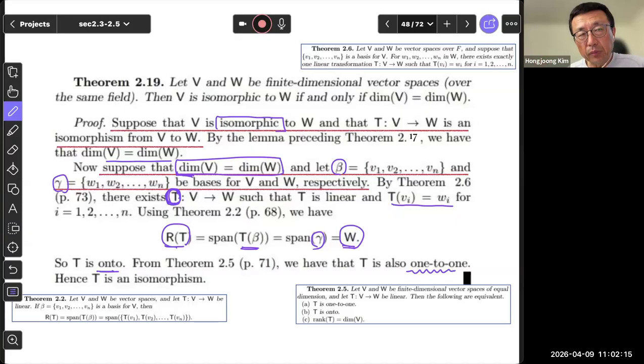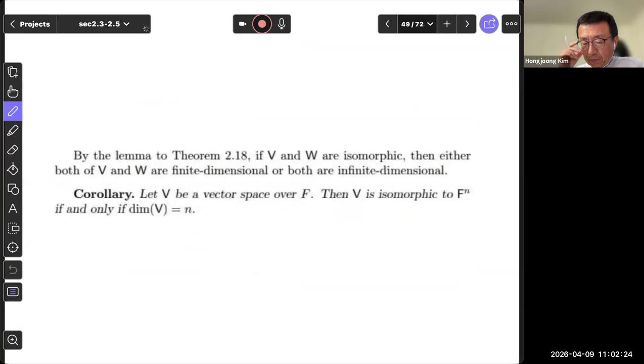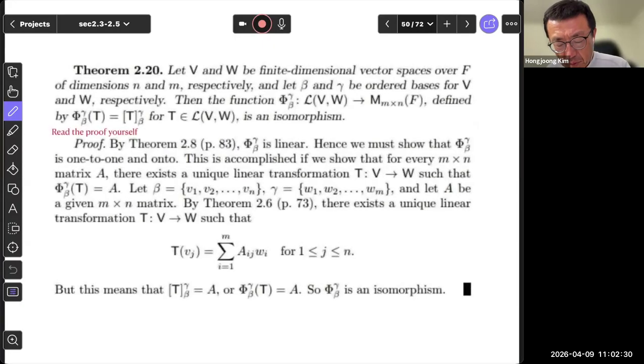Since T is invertible, your T is an isomorphism. You can read this, which is simple.